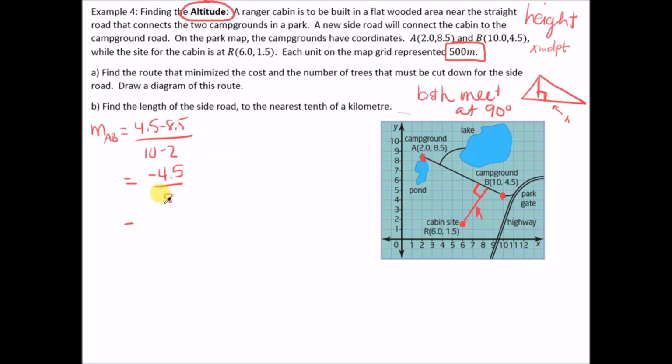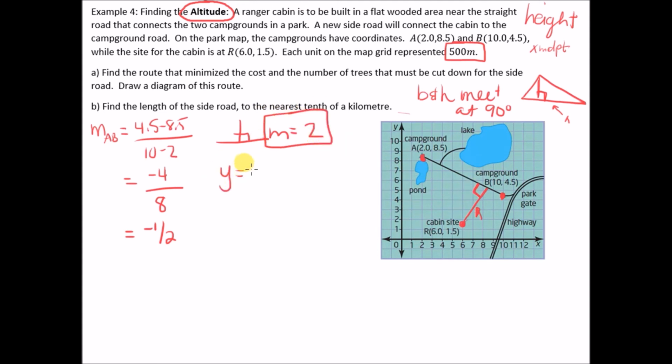Oh, no, I don't. This is negative 4, and that's over 8. So I get negative 1 over 2. Okay, so our slope is perpendicular. So the perpendicular slope equals positive 2. That's going to be the slope of the red line.